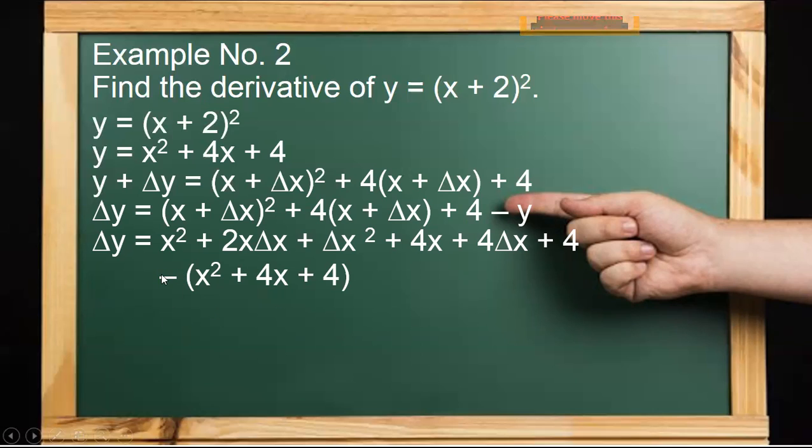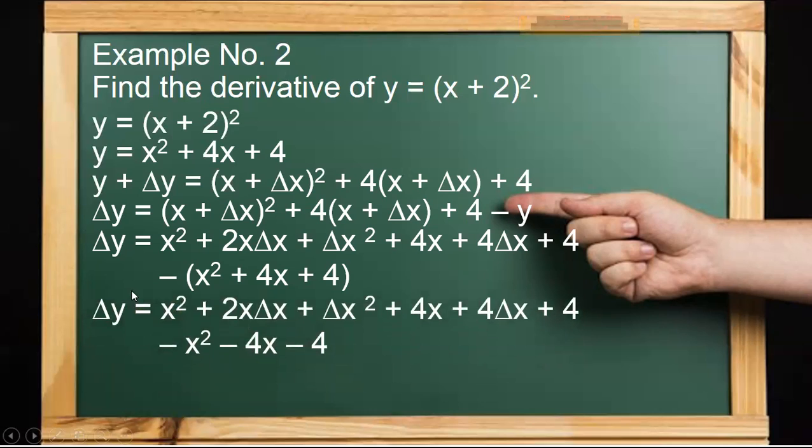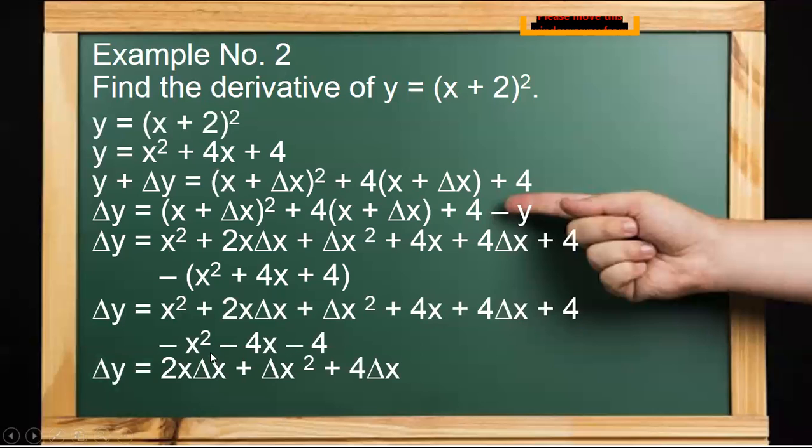Then we're going to use the distributive property to eliminate the grouping symbol. So this will become x squared plus 2x delta x plus delta x squared plus 4x plus 4 delta x plus 4 minus x squared minus 4x and minus 4.